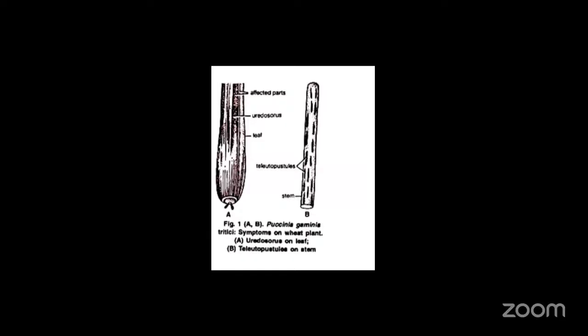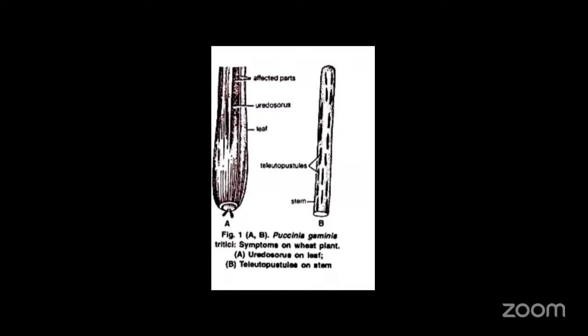So the diagram is clear here. I have shown that diagram. So this is the black or stem rust disease on wheat.